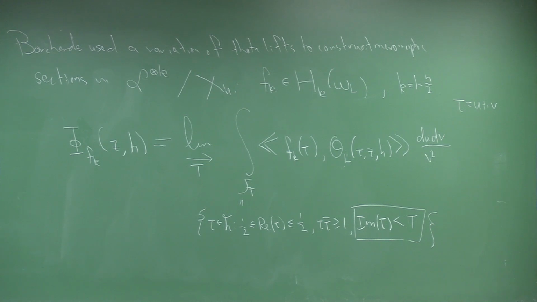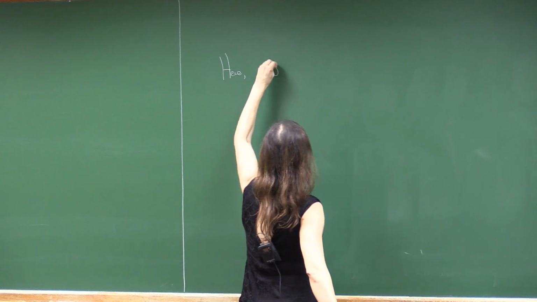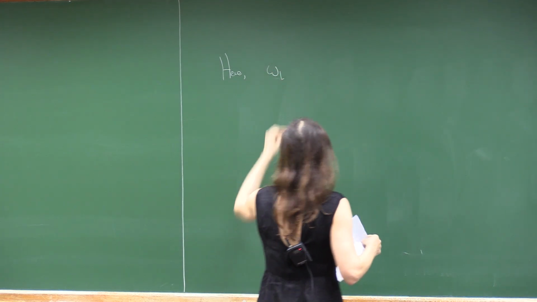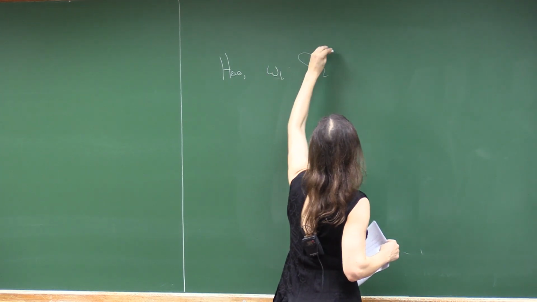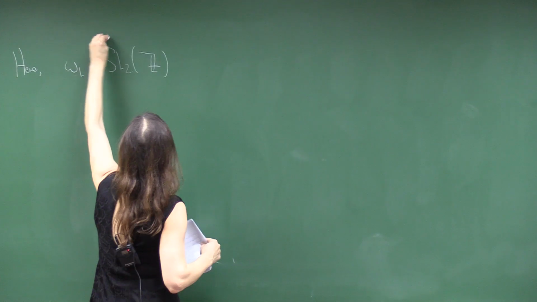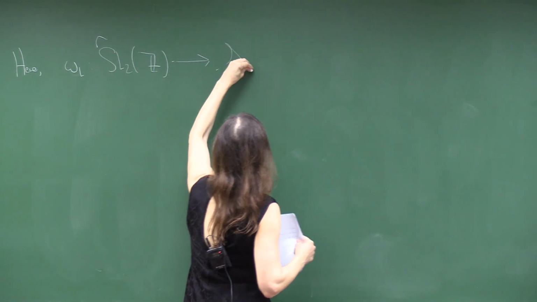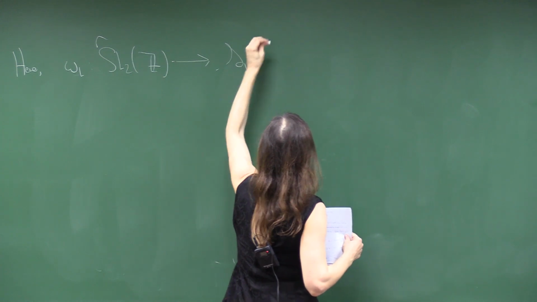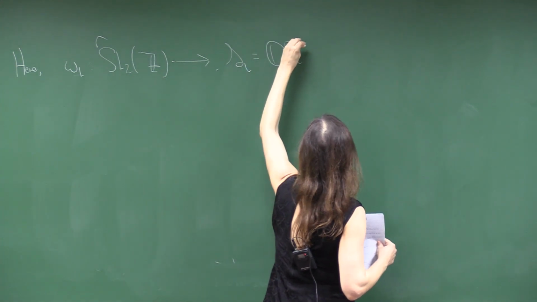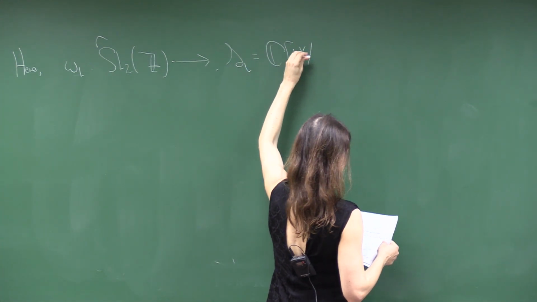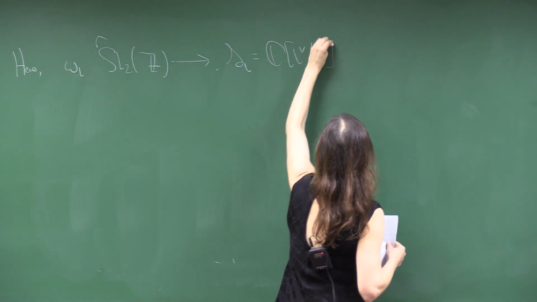So here, omega L is the space of functions on the dual lattice mod the lattice.